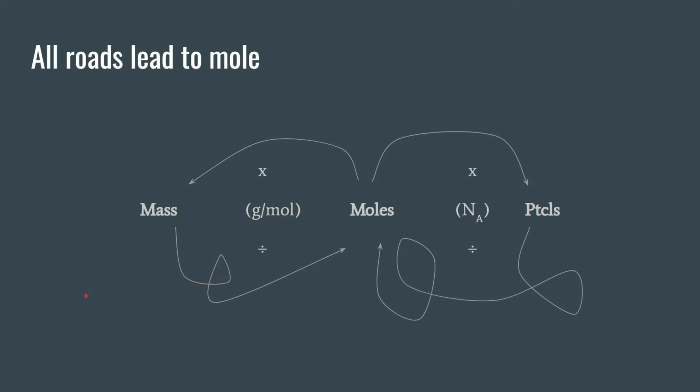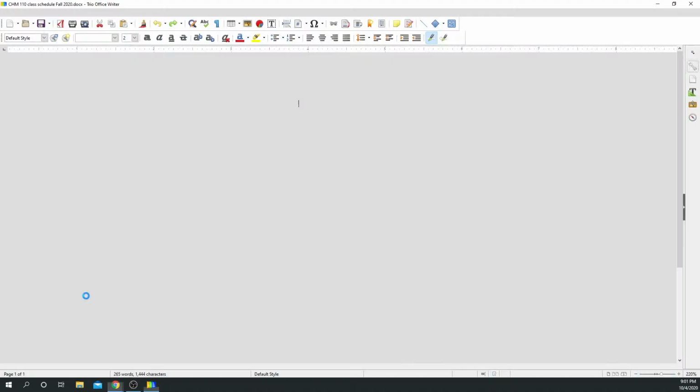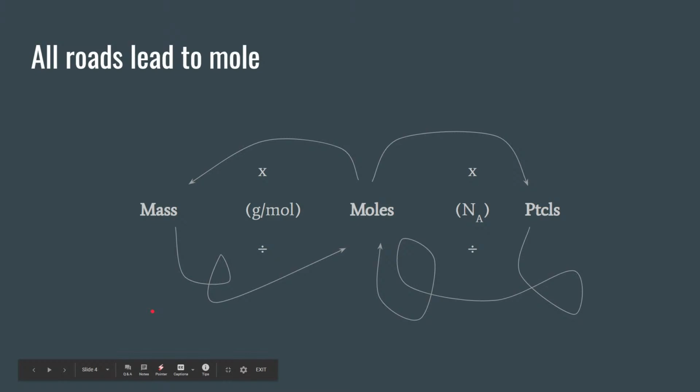And reminder, all roads lead to mole. Okay, we work in mass in the lab because that's what we can measure easily with a balance. Particles are the things that actually do stuff when you have chemical reactions going on. Moles are the happy medium.